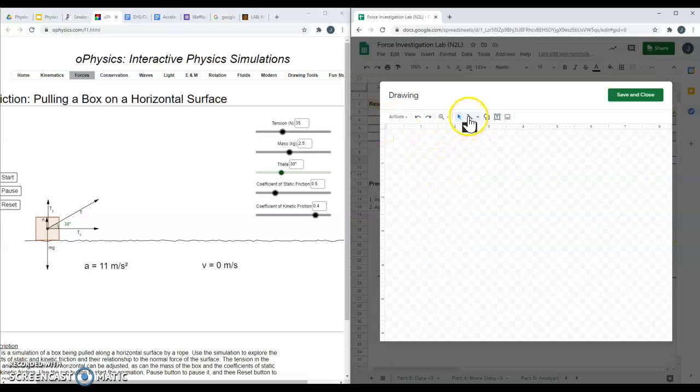In this part, you can use lines in order to draw a quick graph. And perhaps you say, well, I think that our line is going to increase in a linear fashion.